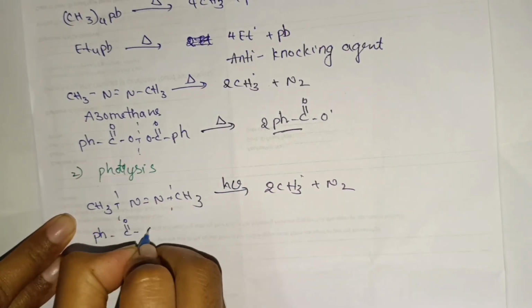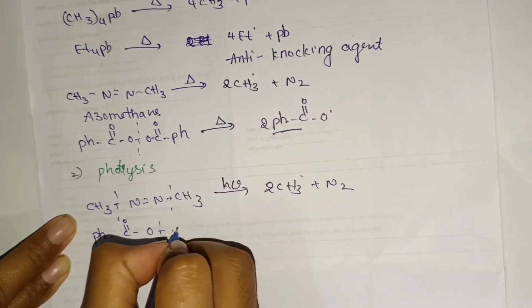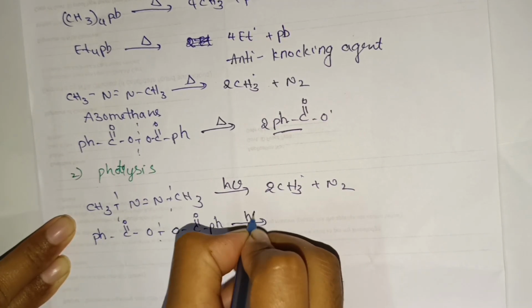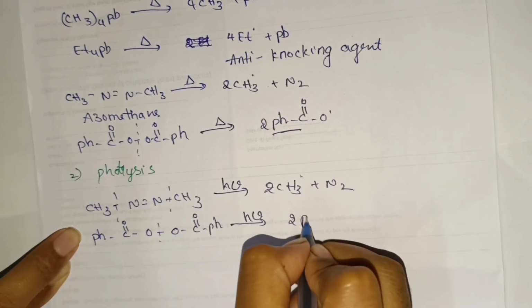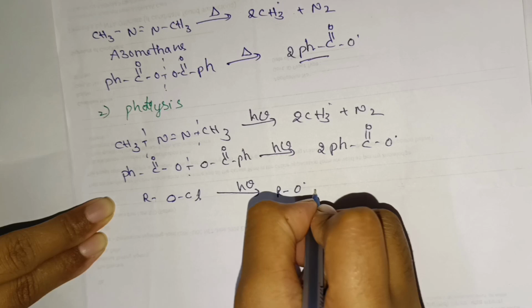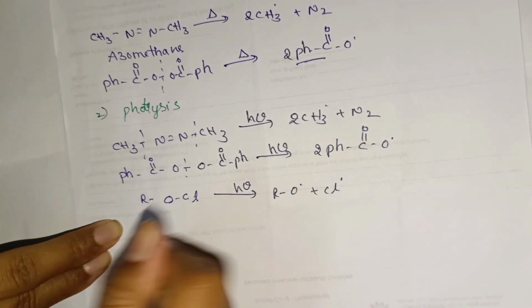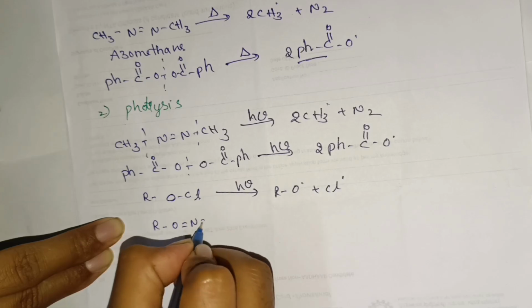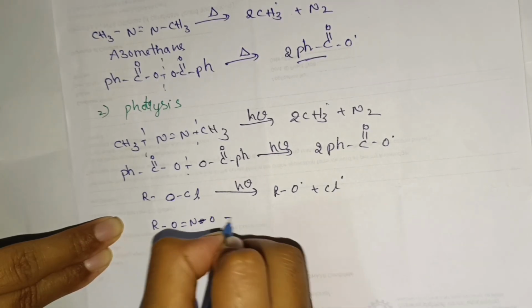Same with benzoyl peroxide, the bond breaks like this in presence of sunlight. It forms free radicals like this. Next, nitrate also forms the same way.